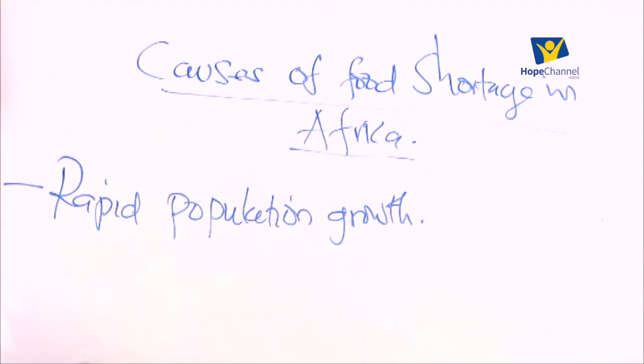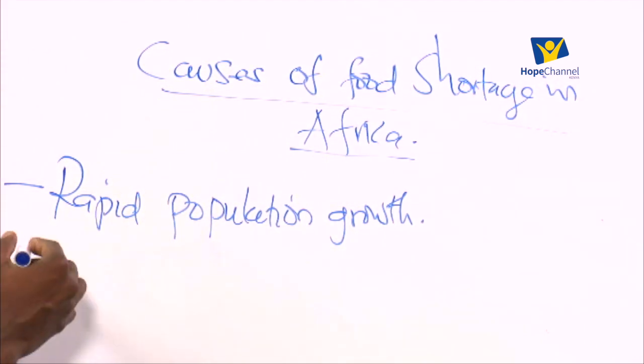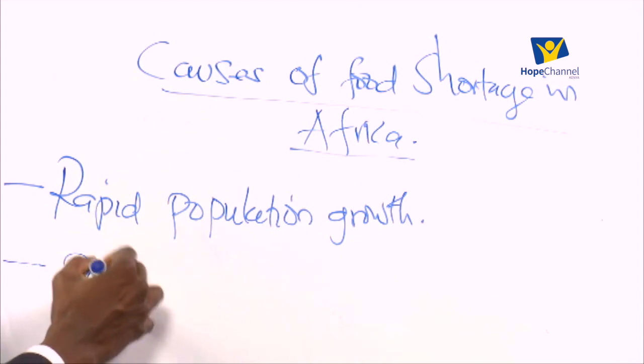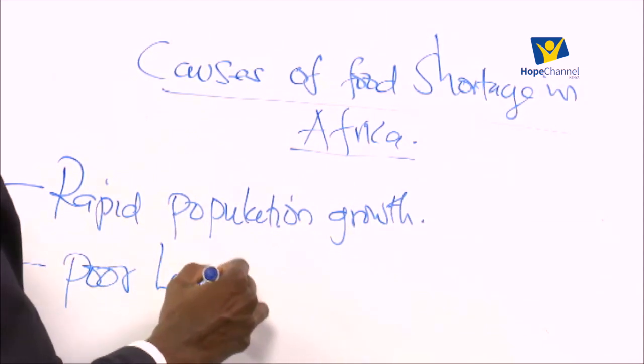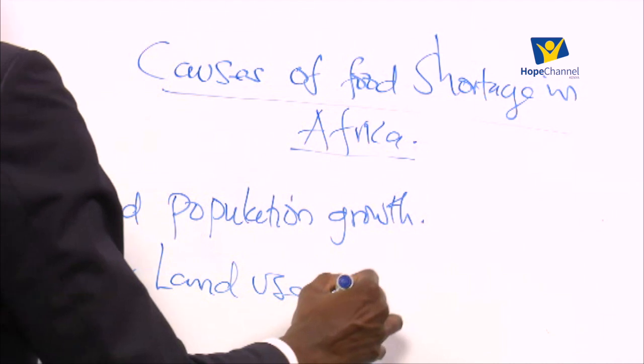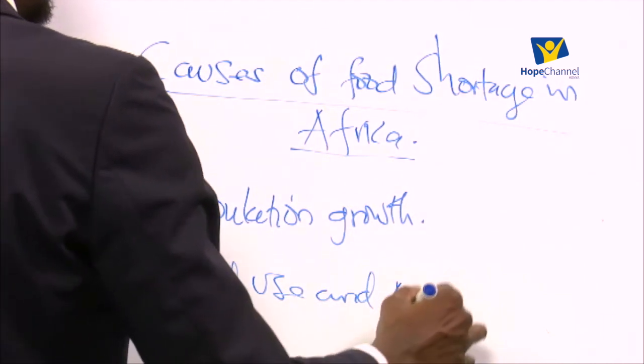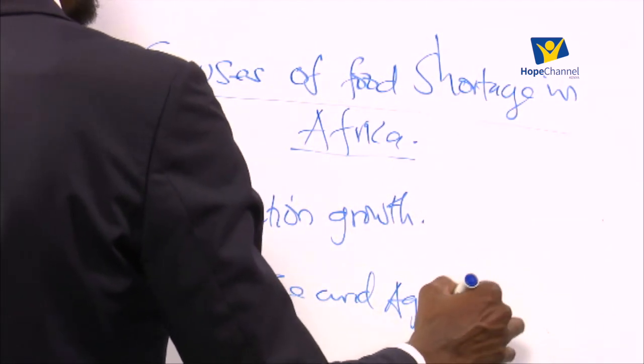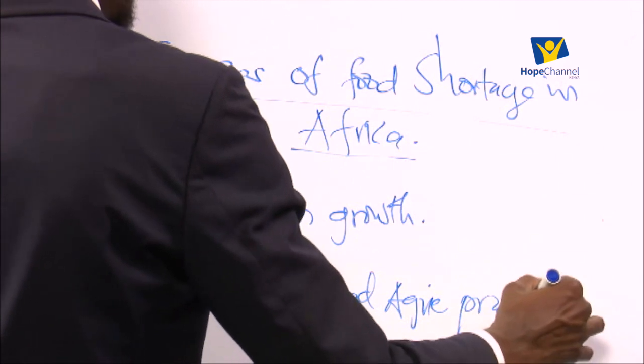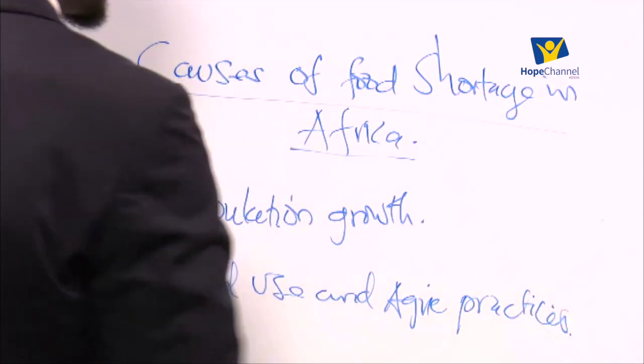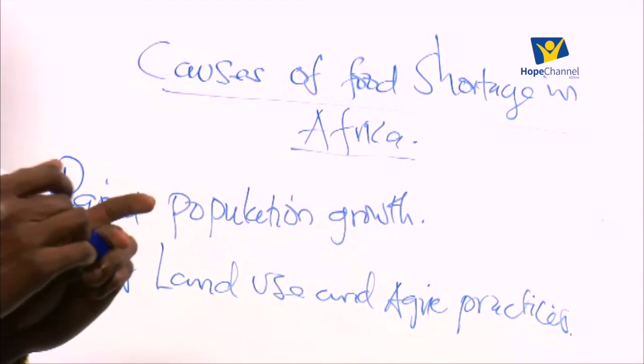Number two, we said we have poor land use and agricultural practices. Like we said last time, Africans are still practicing Stone Age practices which were carried out long ago.